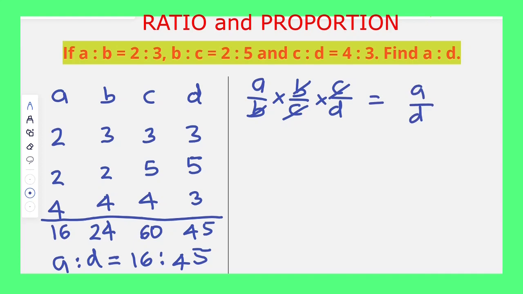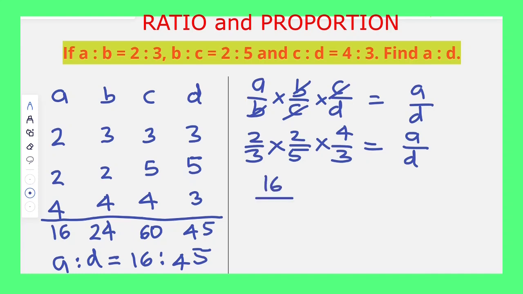If we put the values of A upon B, then what we get, 2 upon 3 multiplied by 2 upon 5, which is B ratio C, and C ratio D is 4 upon 3, and this is equal to A ratio D. And on multiplying, what we get, 2 times 2 times 4 is 16 upon 3 times 5 times 3 is 45.